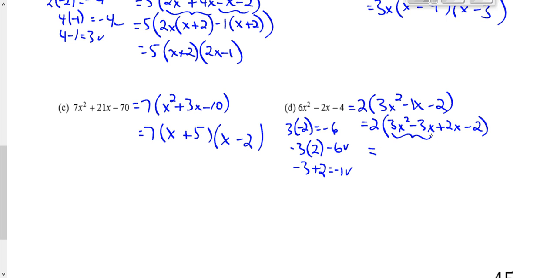Okay, so we have 3. So you got the number. You also have to see if there's an x you can take out as well. 3x. What's that leave us, Serenity? What's 3x squared divided by 3x? X. Minus 3x divided by 3x is 1. All right.